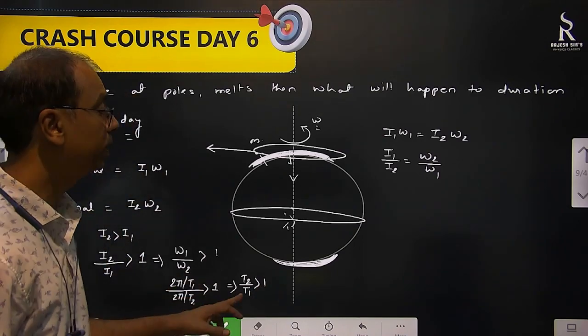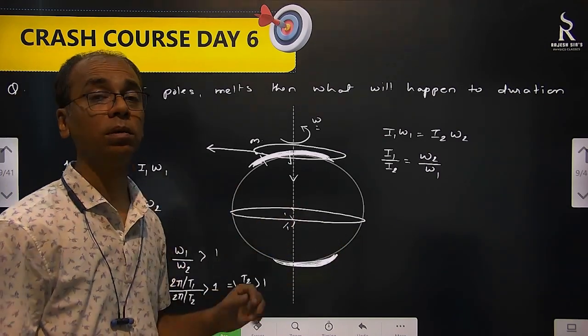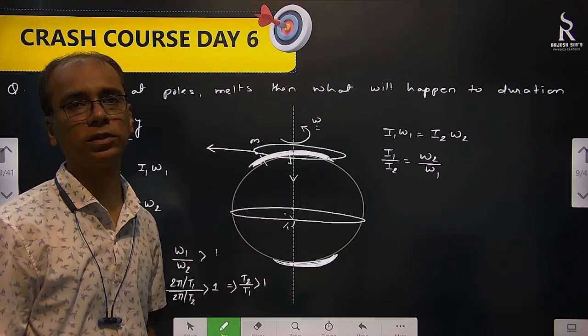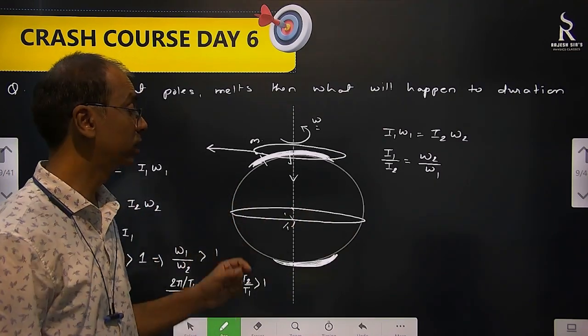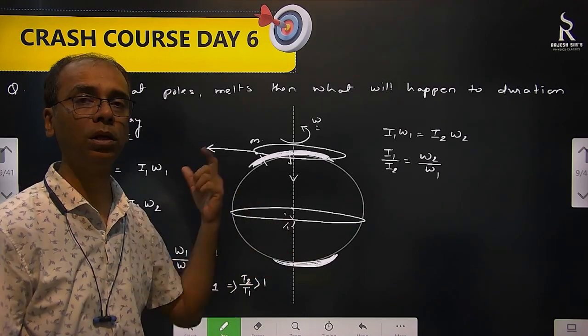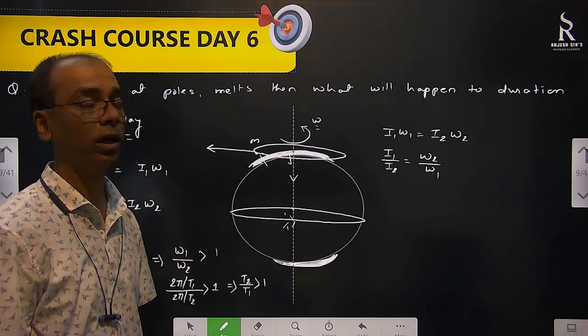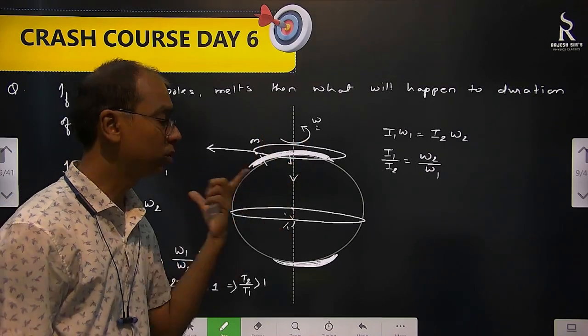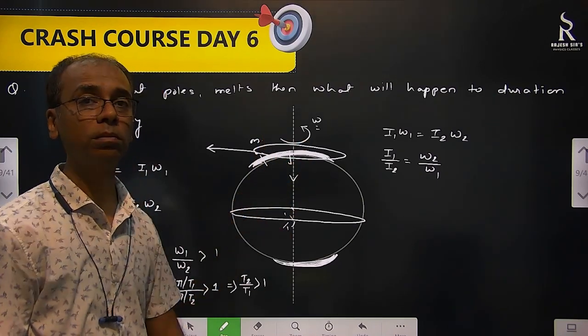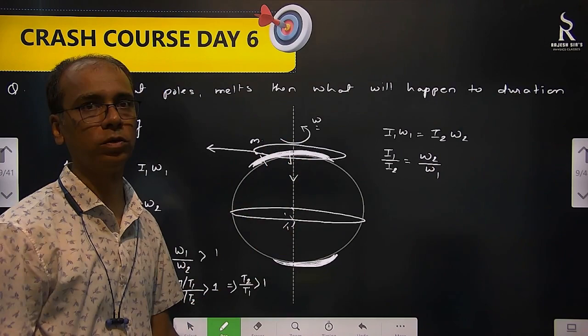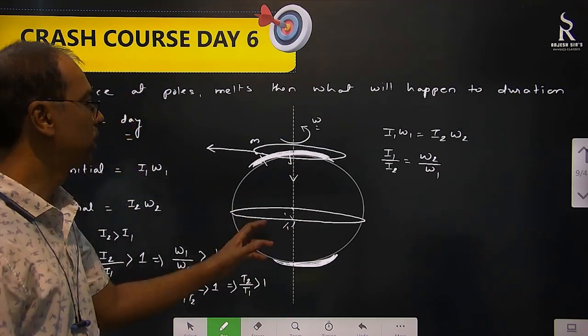That means the time period in the second case will be more than the time period in the first case. That means the duration of the day in the second case will become more than in the first case. So if ice melts and comes over here, the day will become bigger than 24 hours.